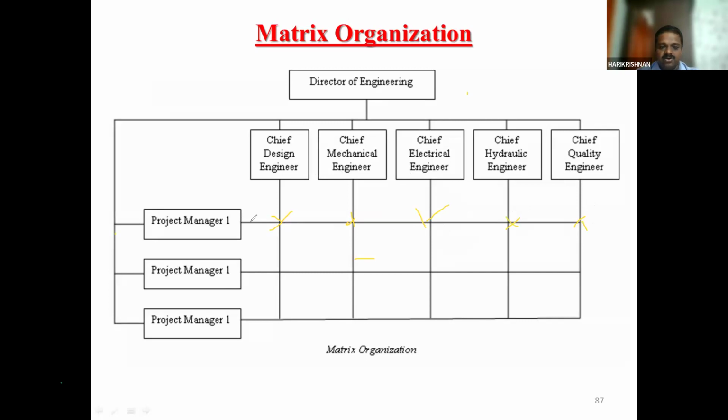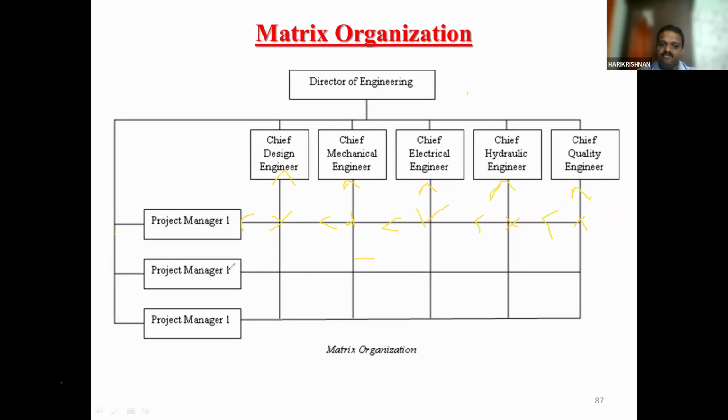These persons will be responsible to the project manager as well as the chief design engineer. Similarly, he will be responsible to the project manager as well as the chief mechanical engineer. He will be responsible to the project manager as well as the chief electrical engineer. The hydraulic engineer will be responsible to project manager one and also the chief hydraulic engineer. The quality engineer will be responsible to project manager one and also the chief quality engineer.